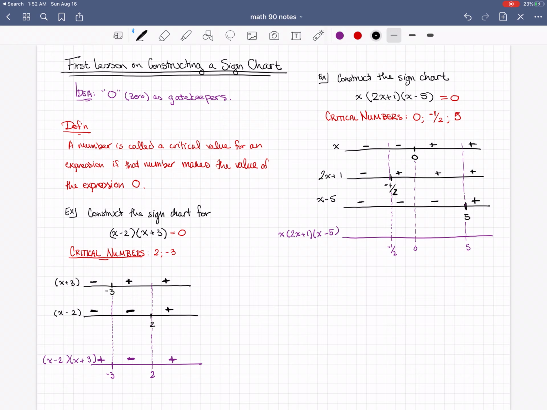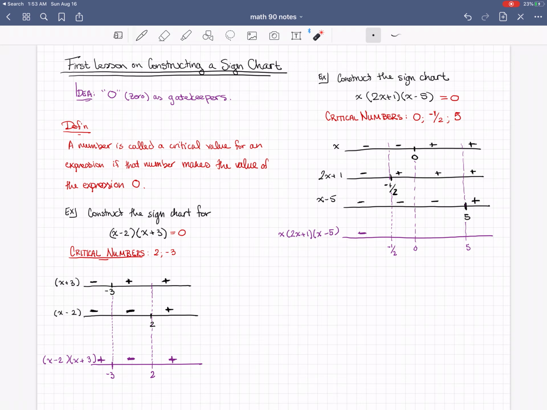Now, the thing that's kind of interesting about this example is that we have 3 factors. So we have to be thinking what happens when you multiply 3 numbers. So looking at our final product here, let's just go left to right. For this region here, we're going to multiply a negative by a negative by a negative. So negative times negative is positive, but then the third negative brings it back to negative. Next section, we have negative times positive times negative.